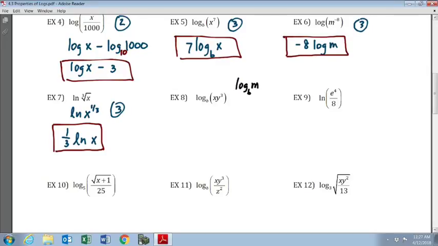Well, let's look at the power rule. With the power rule, notice it's m to the p power, so there's just a single value m as a base. And so in this problem, that x is kind of an extra number. We can't use the power rule here, but we can use the product rule, so let's go ahead and do that.